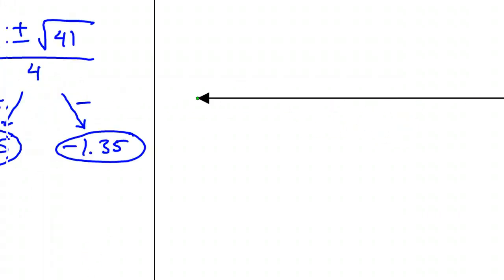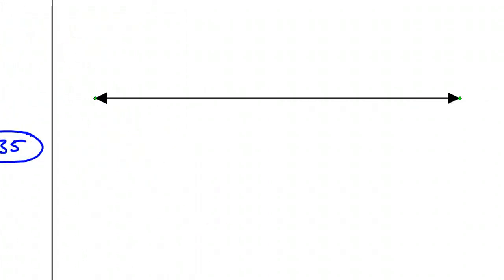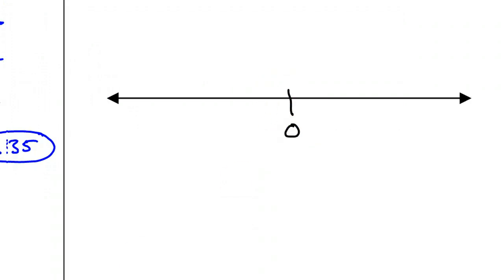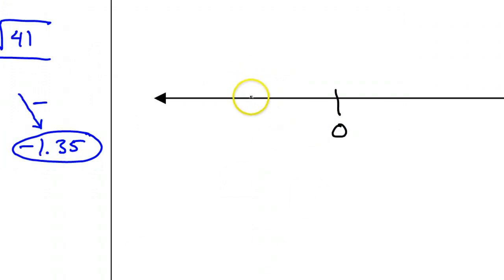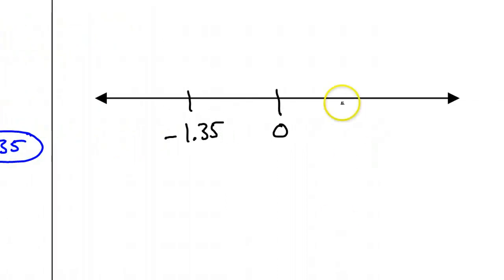Keep in mind the zeros. So I have a -1 and a +1. I'll have 0 somewhere in the middle. So I have negative 1.35, so I'll put that over here, and then I have a positive 1.85.